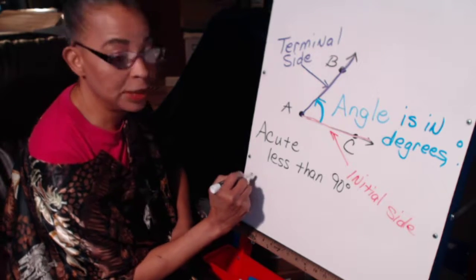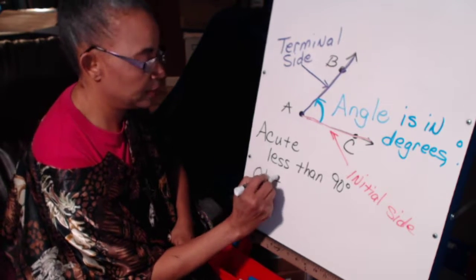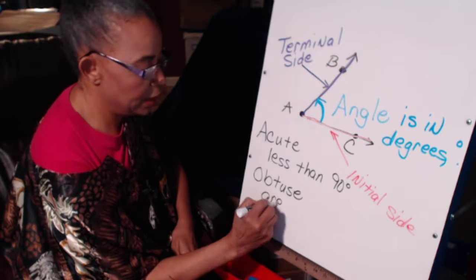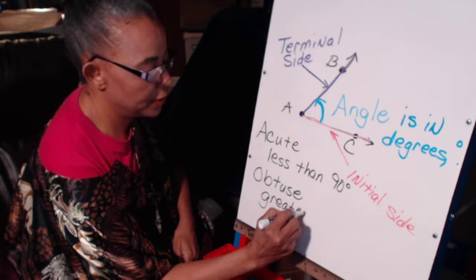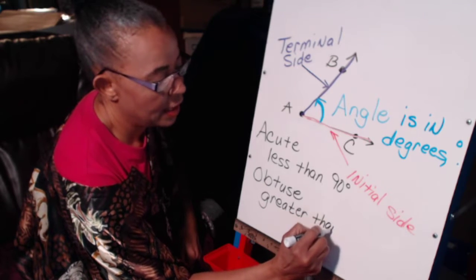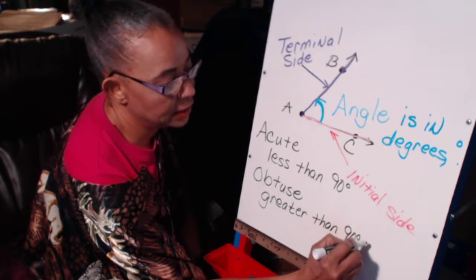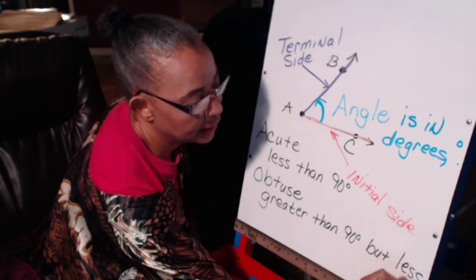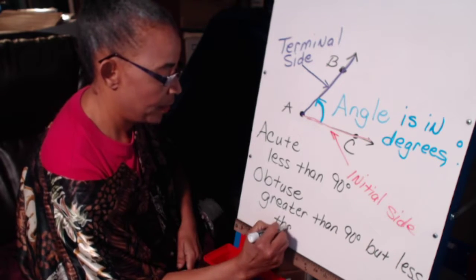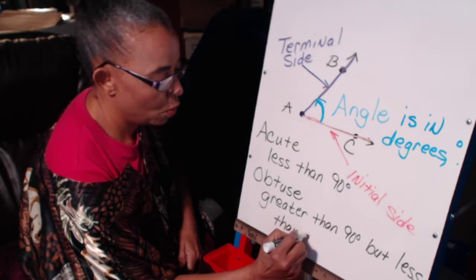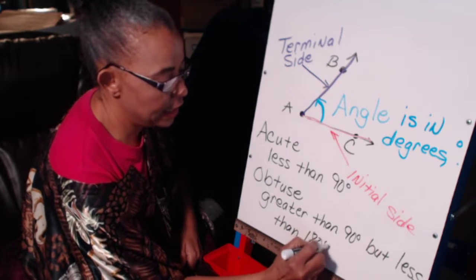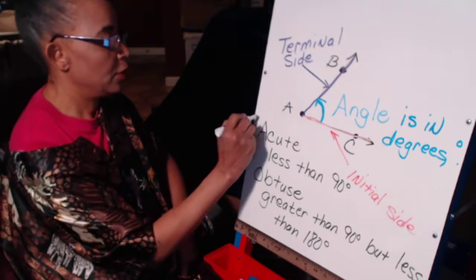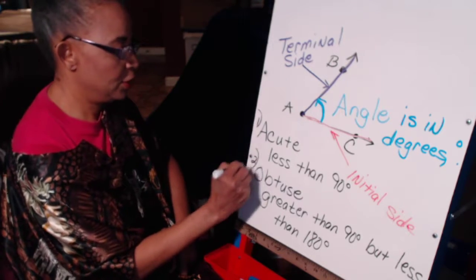Or an angle can be obtuse, which means it is greater than 90 degrees, but less than 180 degrees. So that's one, and that's two.